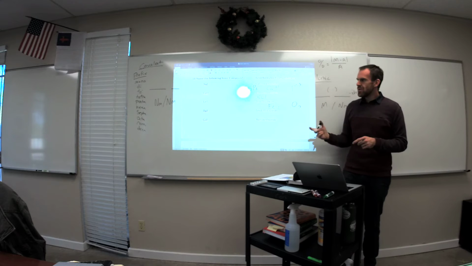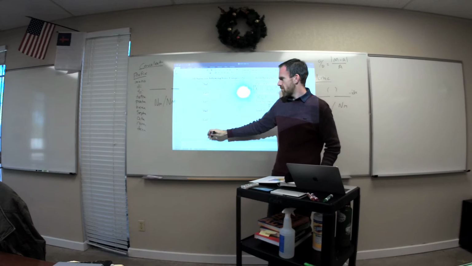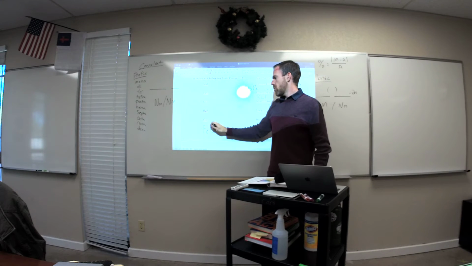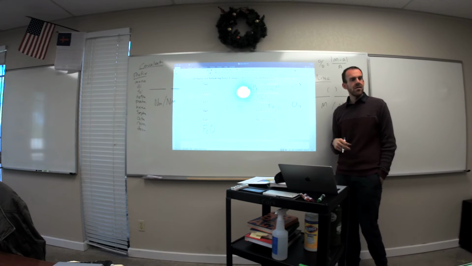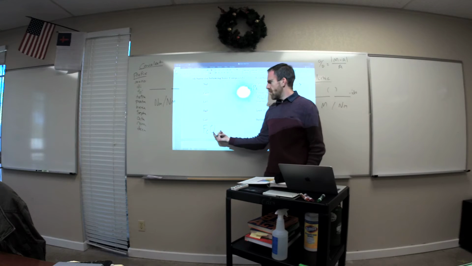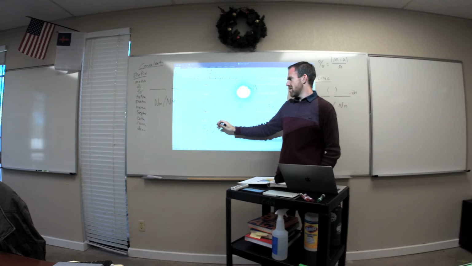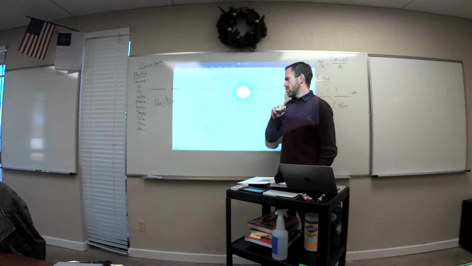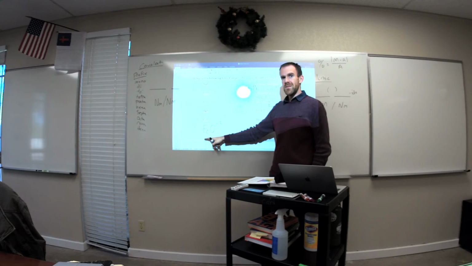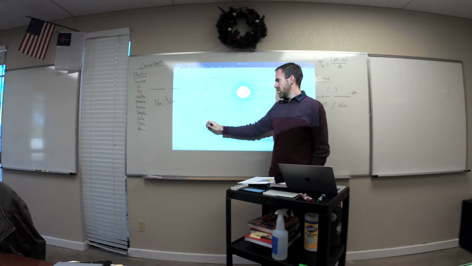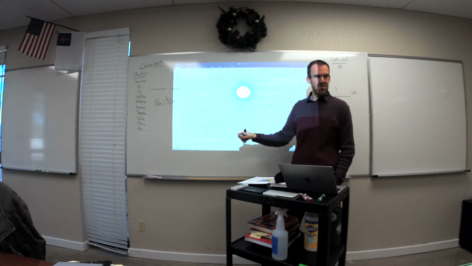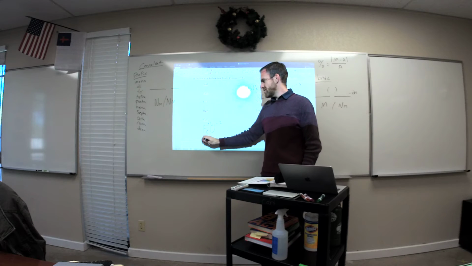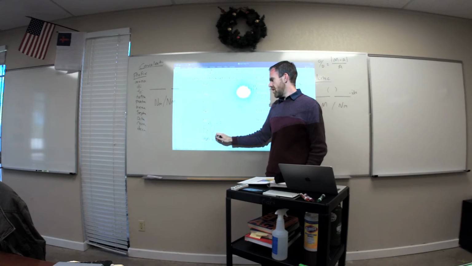Now, if you were given this to name, how would you know whether it's iron 2 or iron 3? This is how. You know the charge on oxygen is -2. 3 times -2, so the iron must be +2, because 2 minus 2 is 0. So this is iron 2 oxide.